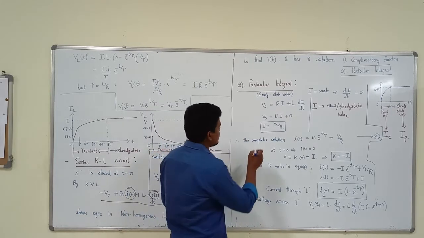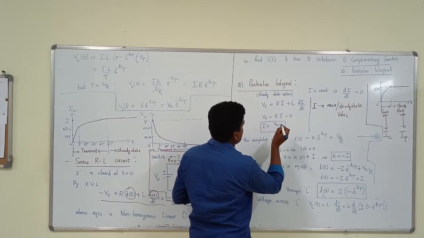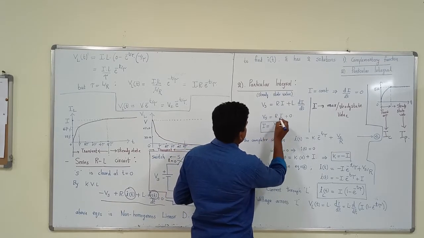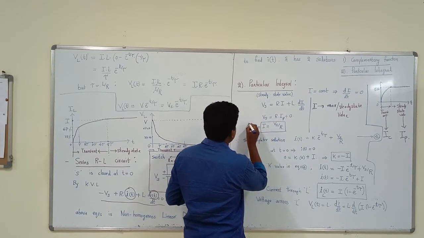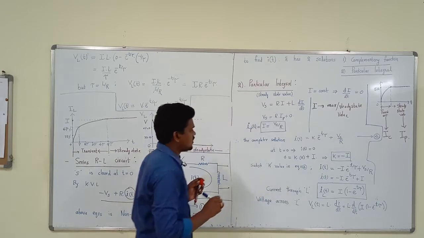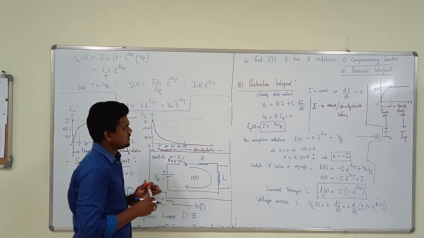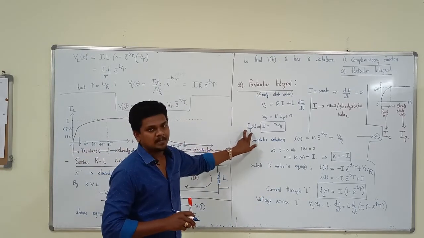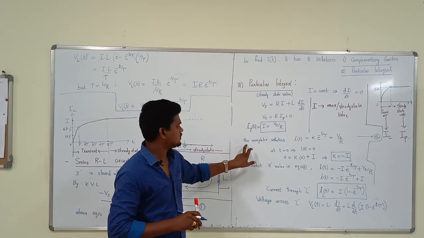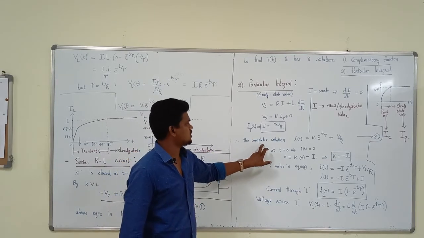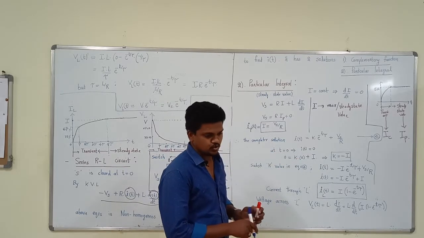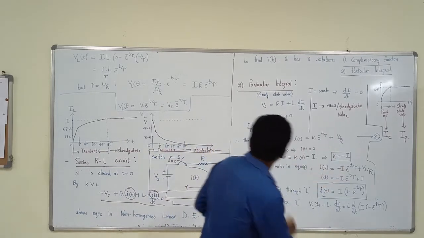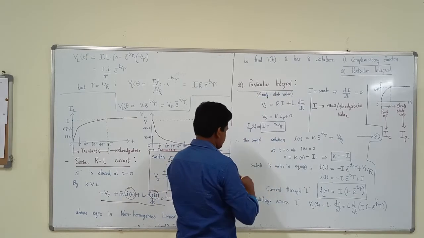That is why we can call it the particular current, or name it the particular solution I, or I particular of time constant. This is the complete solution actually, not the complementary solution.